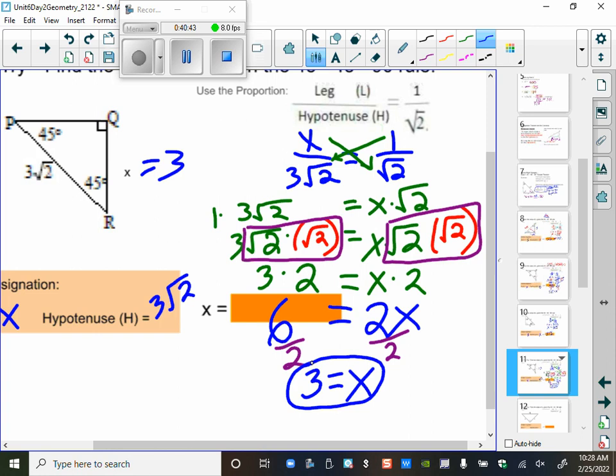Because the goal is, I know this is a bad example, being you have your square root in the denominator, but when we deal with square roots, you really don't want the square root or radical in the denominator. You really don't want that in the end. All right. But this is the most important step right here. You see x times square root of 2, you better multiply both sides by square root of 2.